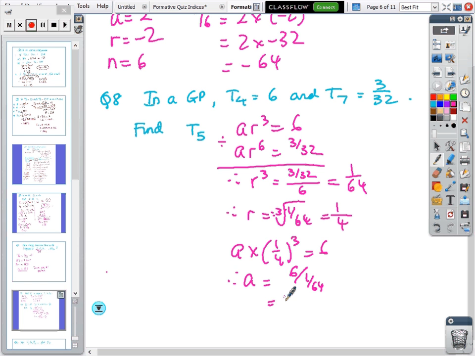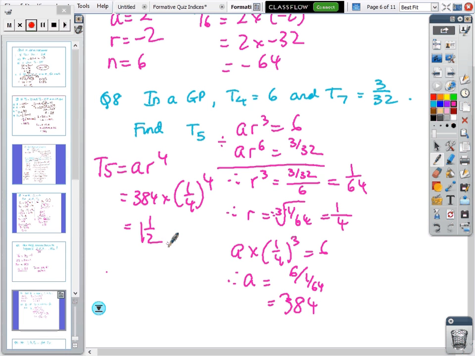So you get 384. And then T5 equals ar to the 4, which is 384 times a quarter to the fourth. And so the answer is 1.5.